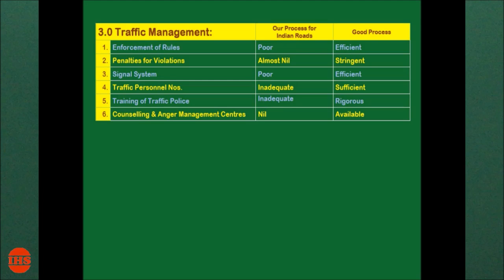It is efficient in good process. Traffic personnel numbers are inadequate, sufficient in good process. Training of traffic police inadequate. It is rigorous in good process. Counseling and anger management centers nil on Indian roads, available in good process.